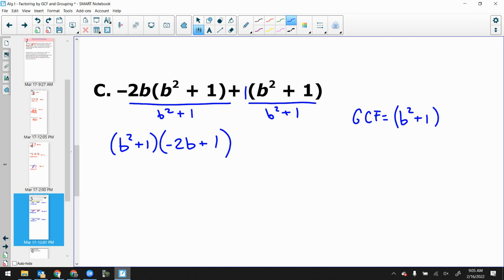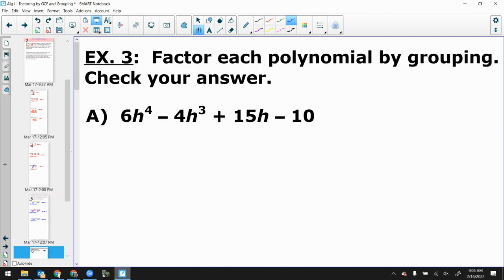Now, this example 2 is kind of getting you ready for the back page. Flip it over onto the back. How many terms do you see? In each one of these polynomials, it's a 4-term polynomial, right? We are going to learn how to factor 2 terms, 3 terms, and 4-term polynomials.